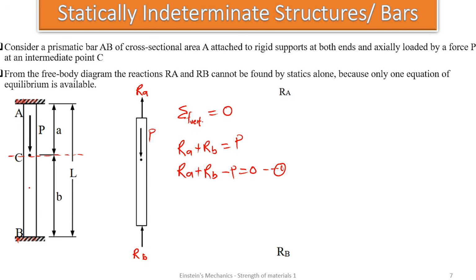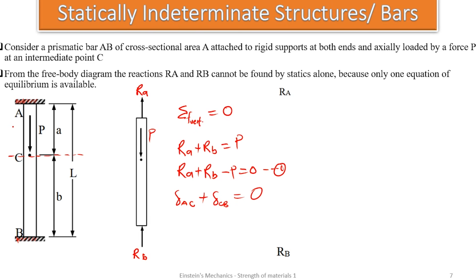Are we good? So the elongation from A to C, plus whatever happens from C to B, which can mean elongation or contraction, will result in 0.